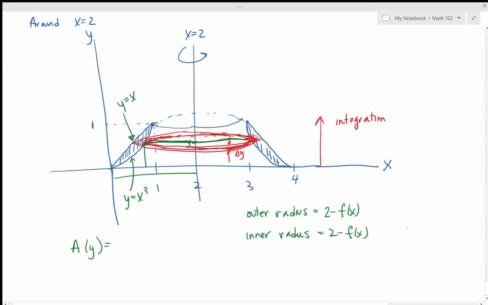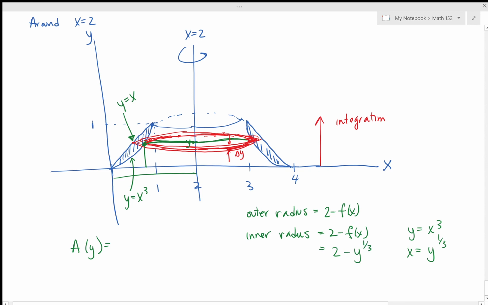The function is y equals x cubed, which means that x equals the cube root of y. Okay, so the inner radius, as a function of y, is 2 minus the cube root of y.